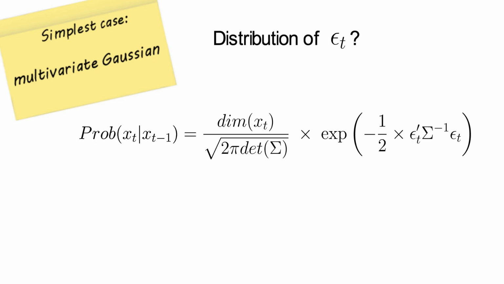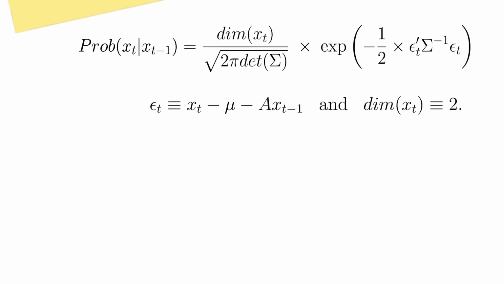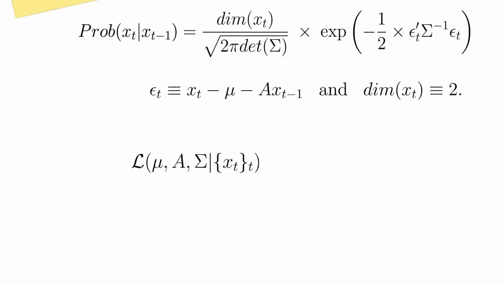And note that the epsilon t is simply the xt minus the mu minus A xt minus 1. And the dimension of xt in our example here is 2. So we can now express the likelihood of the parameters mu, A and sigma conditional on the observed panel xt and conditional on epsilon being indeed multivariate Gaussian.